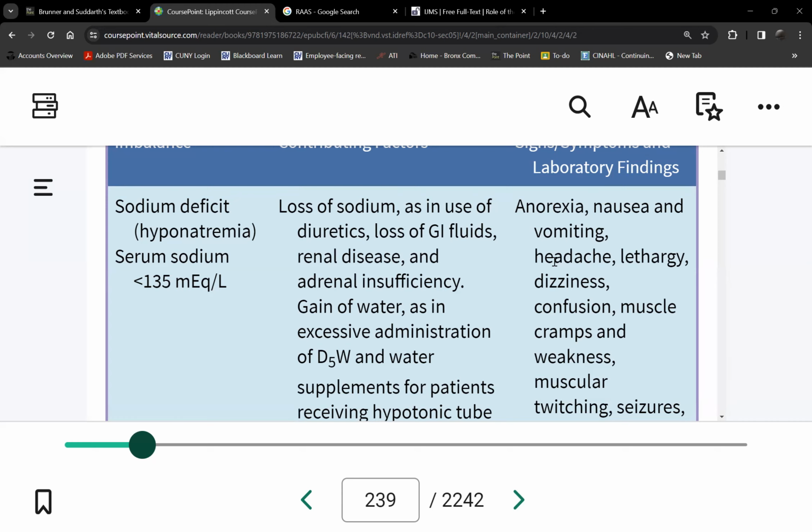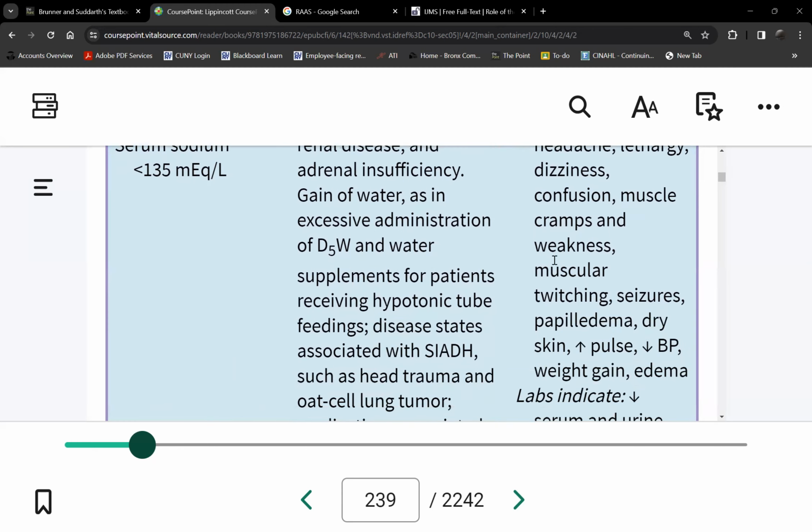Make sense? In severe cases, these patients can go into seizures, especially if your sodium is less than 120, because normal is 135 to 145. So at 120 and less, we institute seizure precautions. That patient will go into seizure if it's critically low.